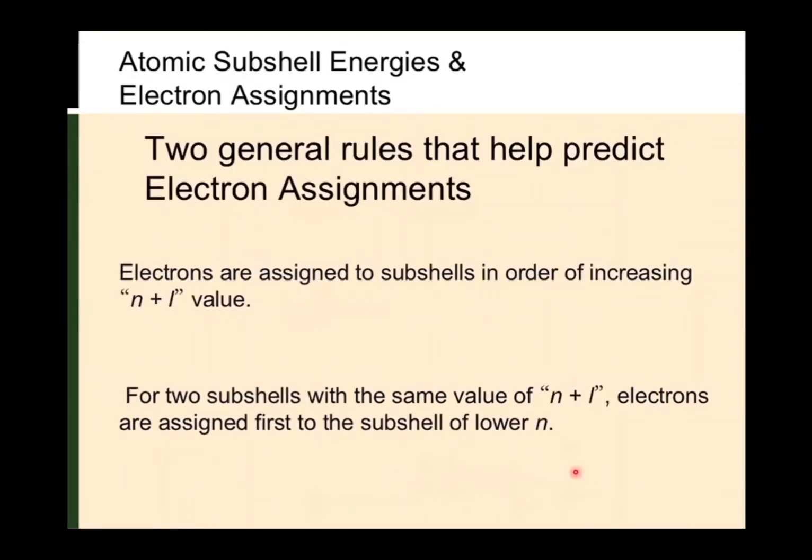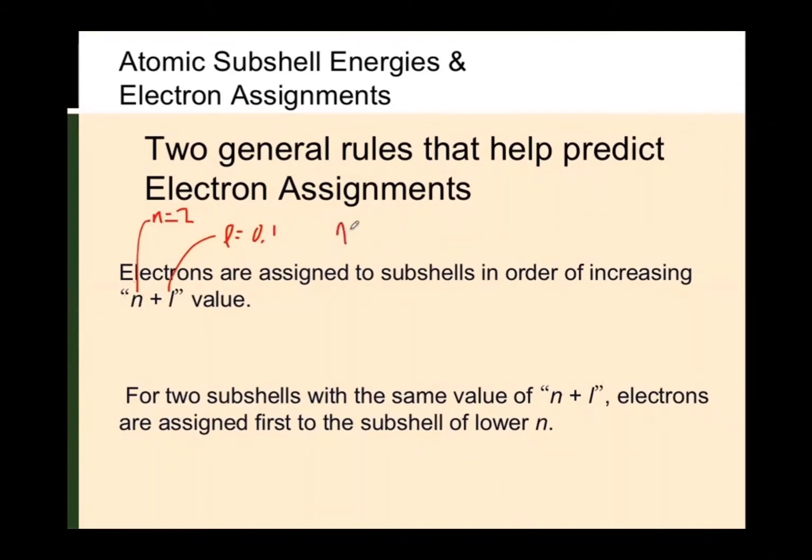So here are 2 general rules that help predict electron assignments. First, electrons are assigned to subshells in order of increasing n plus l value. Remember, n is the principal quantum number and l is the subshell. For example, n equals 2, and l equals 0 or 1.